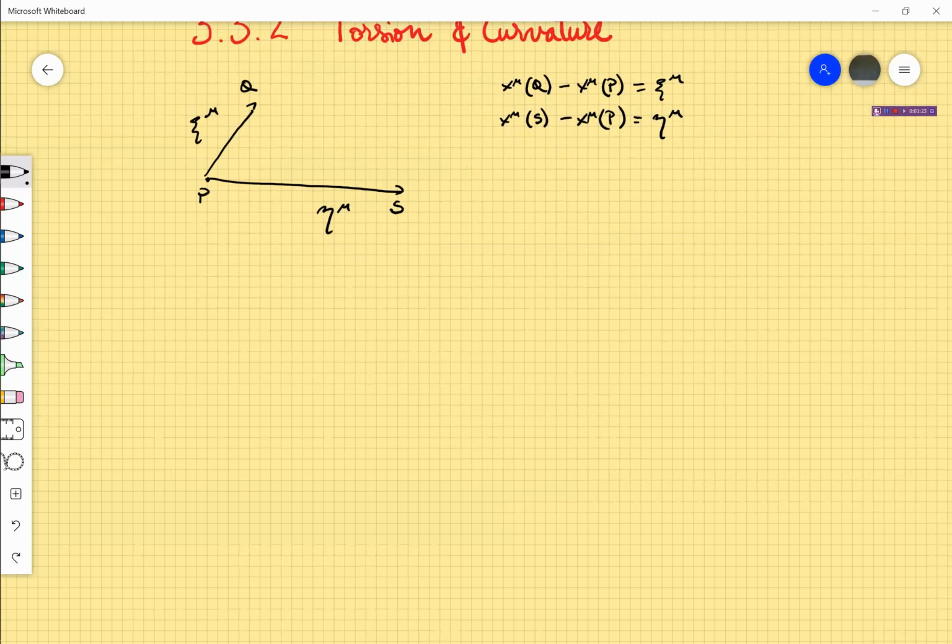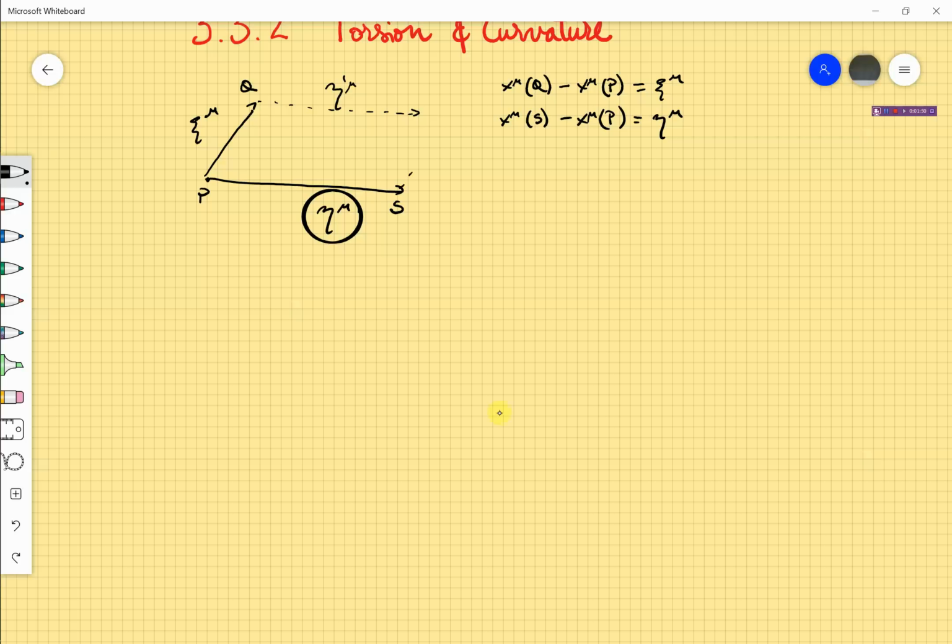So this is the starting situation, and you construct the parallelogram now by taking eta mu and parallel transporting it along psi mu to Q. The result would be a parallel vector eta prime mu with origin in Q, and then you would do the same with psi mu along eta.